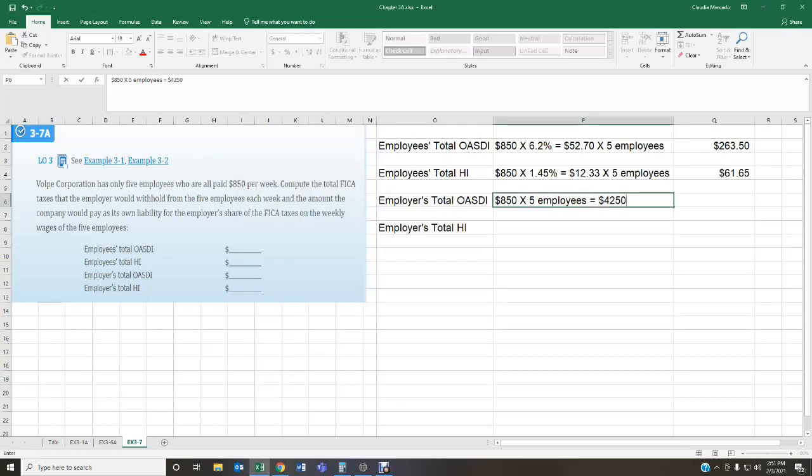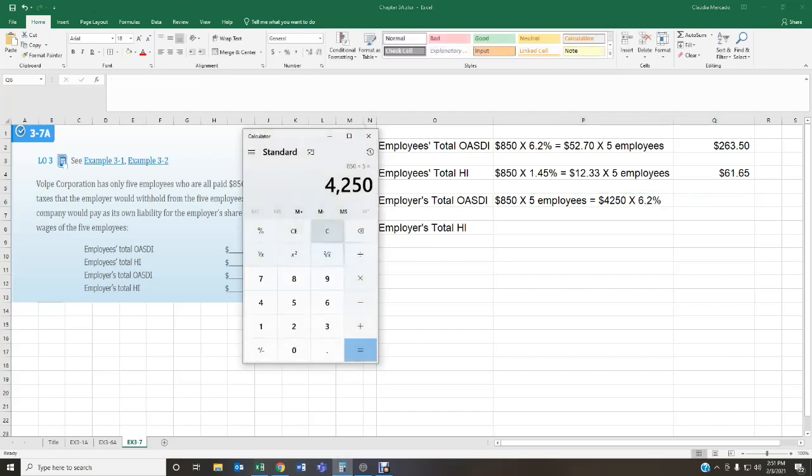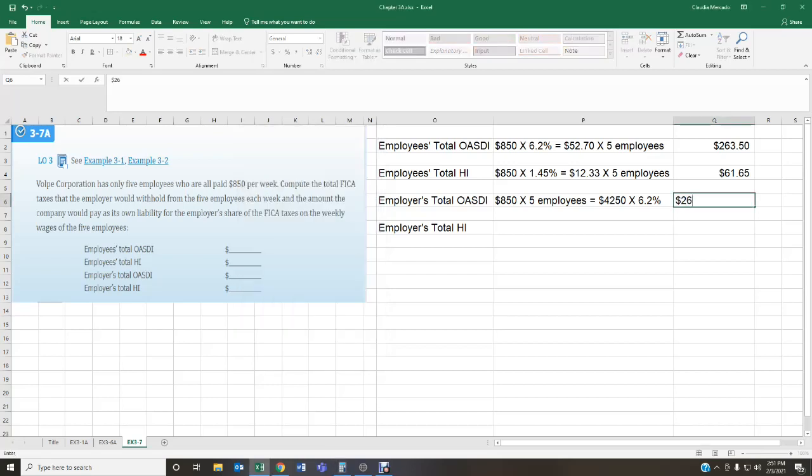Once I've got my total earnings for all of my employees, I multiply times my rate of 6.2%. So $4,250 times 6.2% gives me $263.50, which is the same as the employees. But don't be fooled, because this time it's the same. There are situations where we're off by a little bit due to rounding, which is going to be the case for my HI.